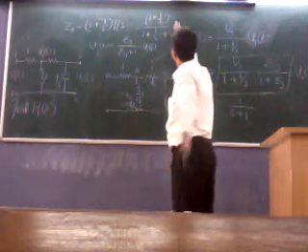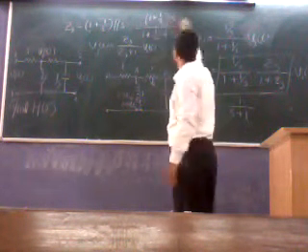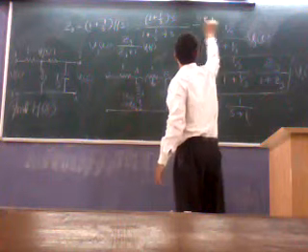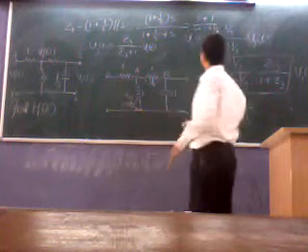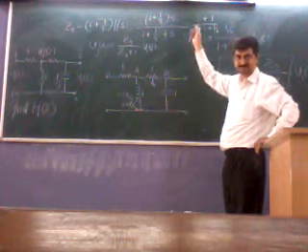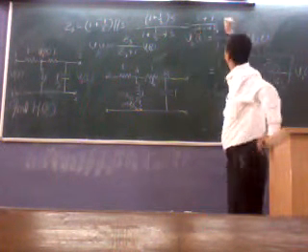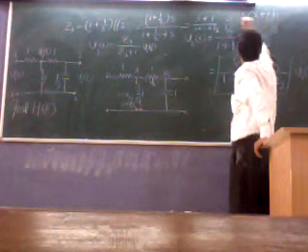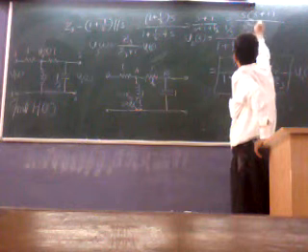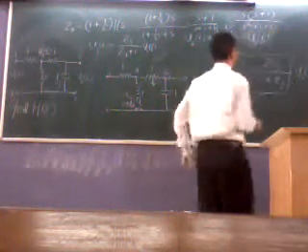What is this? s plus 1 upon s plus 1 plus 1 upon s. Multiplying by s, what we get? s into s plus 1 upon s square plus s plus 1 is Z3.